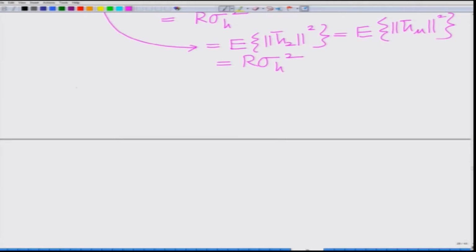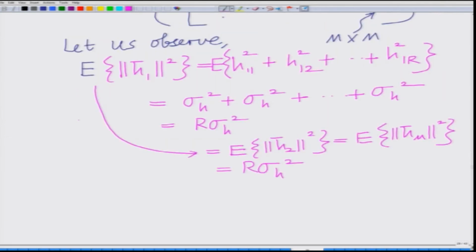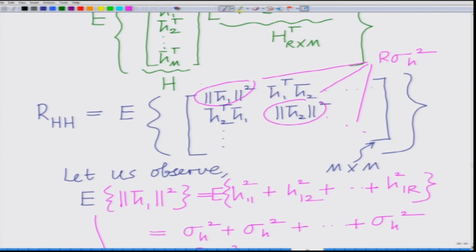Now let us look at the off diagonal entries. Off diagonal means off the principal diagonal; when we talk about the diagonal, we mean the principal diagonal, and the rest of the entries are the off diagonal entries.